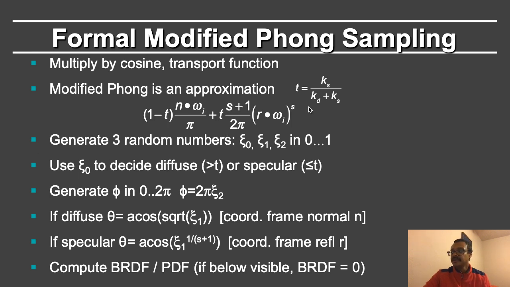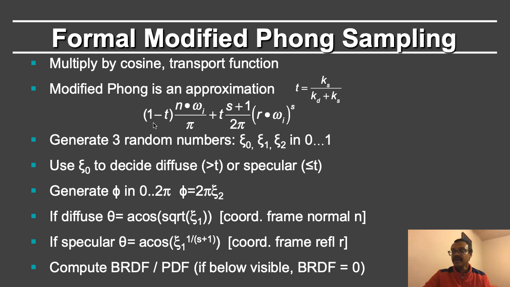Notice that we define this value t, which is equal to kd divided by kd plus ks, which essentially gives the fraction of diffuse reflectivity versus specular reflectivity. The overall BRDF will be kd plus ks times the factors of t coming in here.